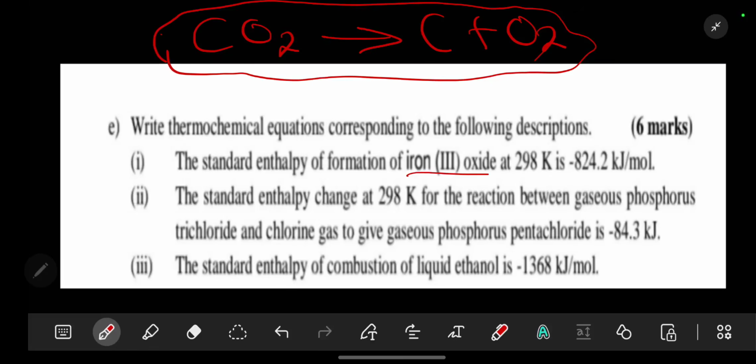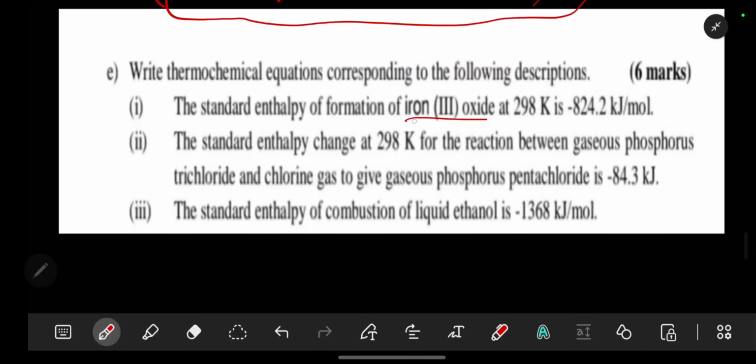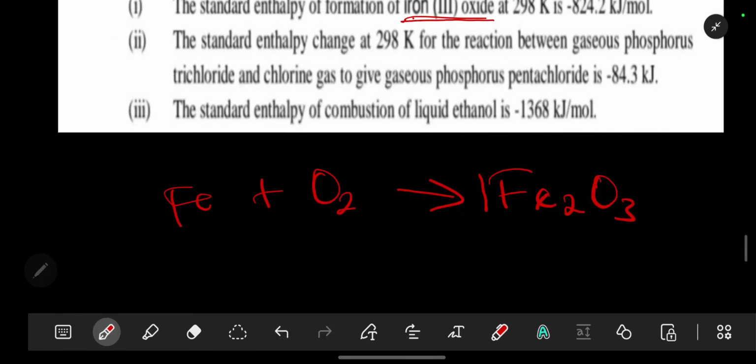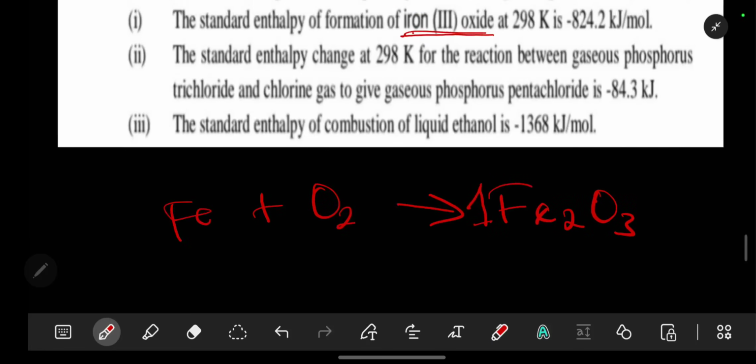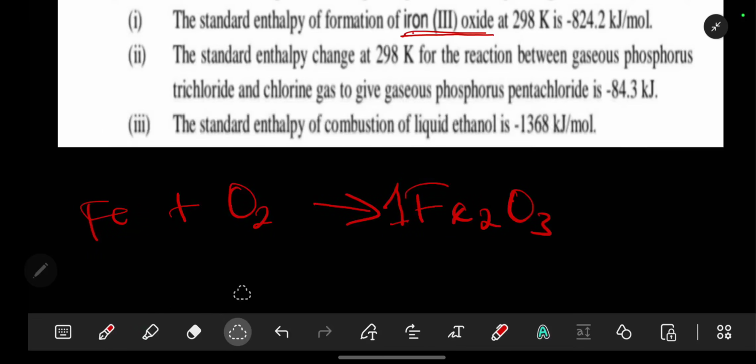So in this case, we have the enthalpy of formation of iron 3 oxide. What are the components that are needed? It's iron and oxygen. So we are going to say iron plus oxygen produces iron 3 oxide, which is like this. Make sure that the equation only has one on the compound. If you look at this, we have 2 irons, so we can put a 2 here.